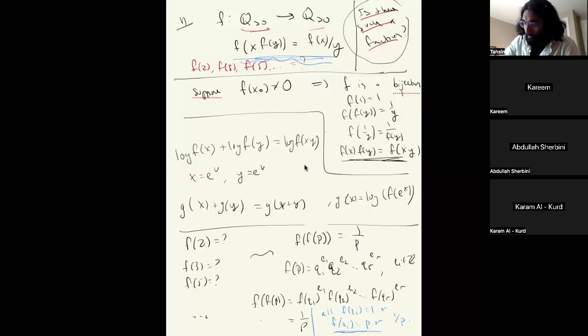Maybe I should write it very carefully. So what I'm saying is there exists exactly one i such that f of qi equals p or 1 over p. That's what I mean.